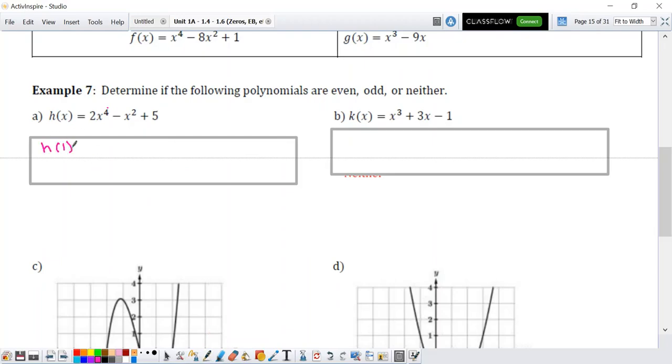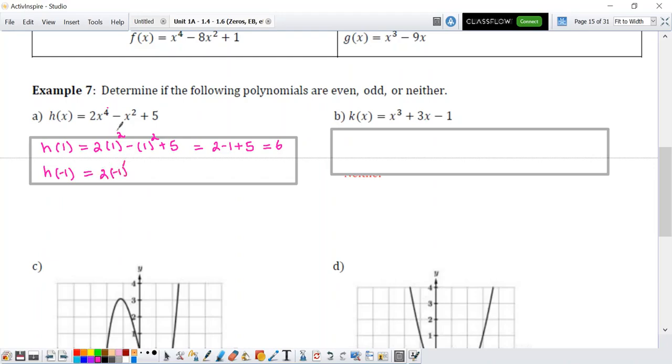So let's find h of 1. 2 times 1 to the fourth is 2, 1 squared is 1, and 5. So you will have 2 minus 1 plus 5, which is 6. Now let's check h of negative 1.